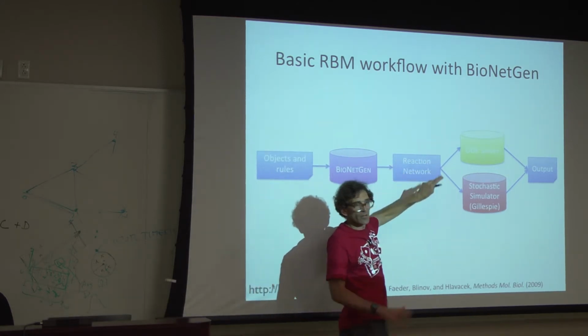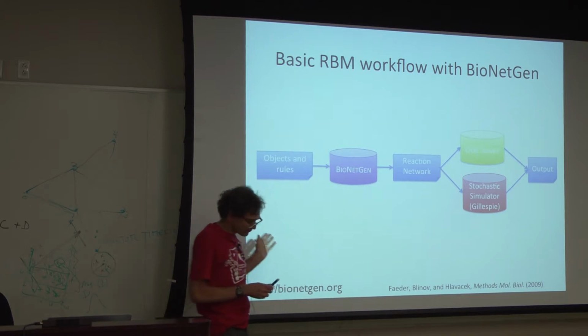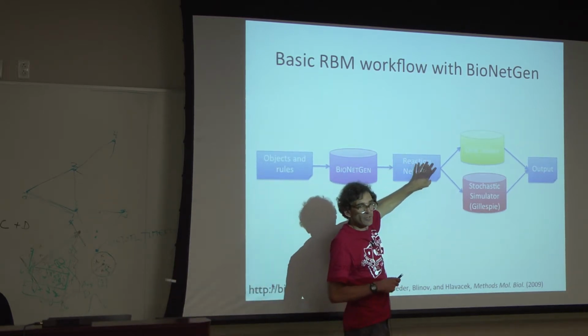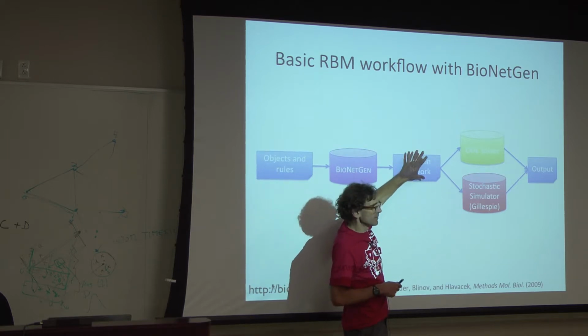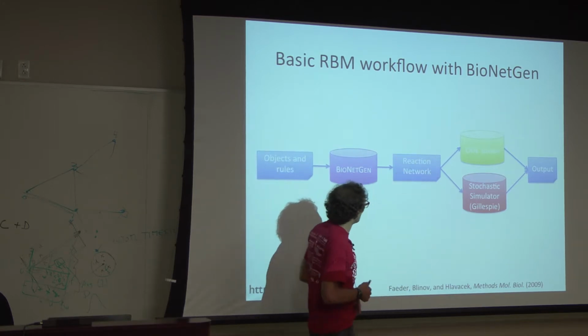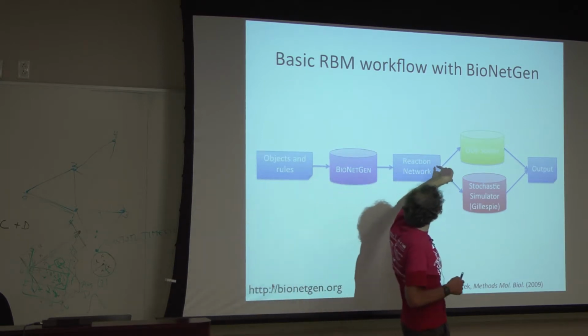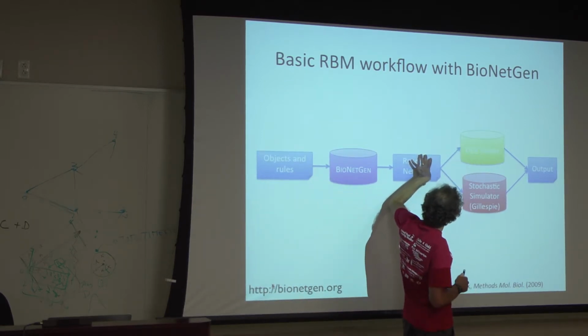This reaction network can be described in a number of different ways. It can be exported, for example, as an SBML file. It could be exported to MATLAB, Mathematica, whatever. Then you can pass that description to a simulator of some sort.